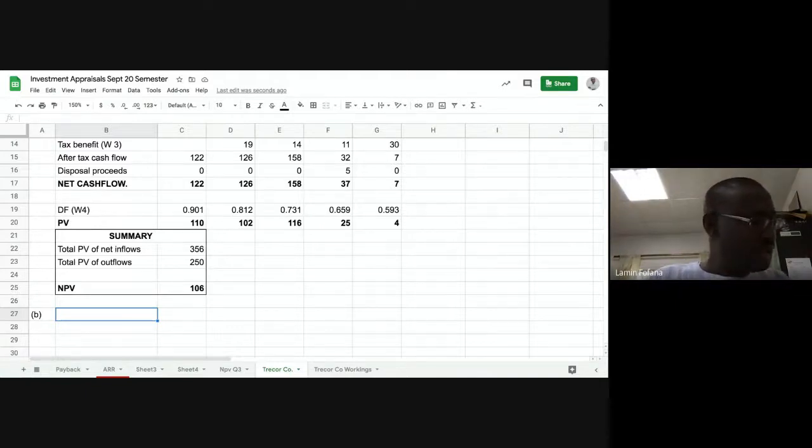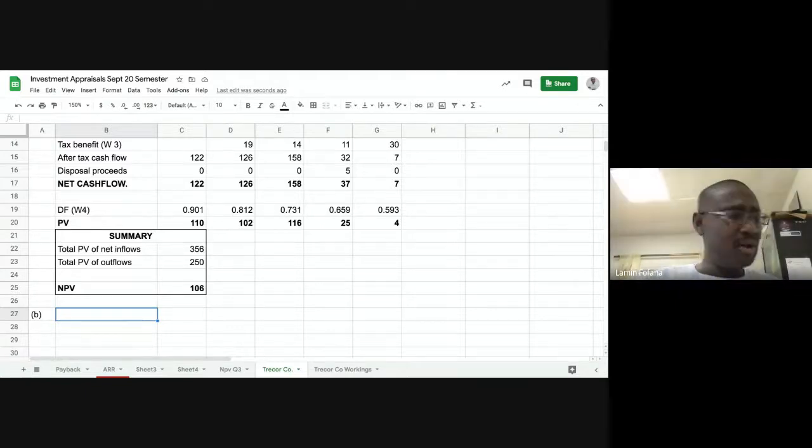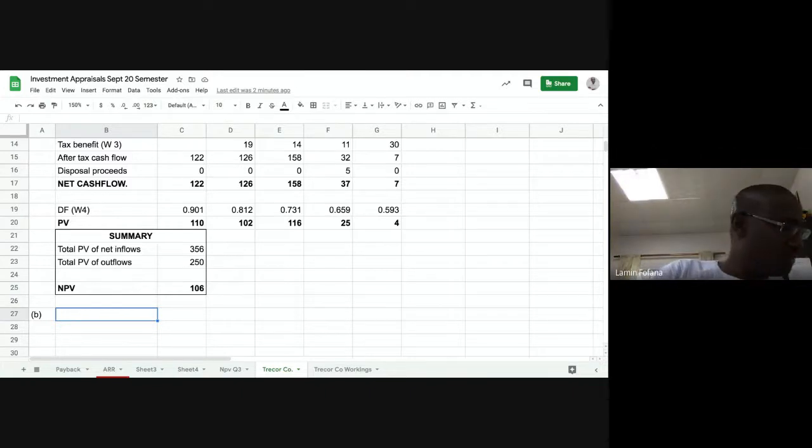Okay, so we are going to calculate our ARR, but it has told us which profit we're going to use. It is the before tax return.